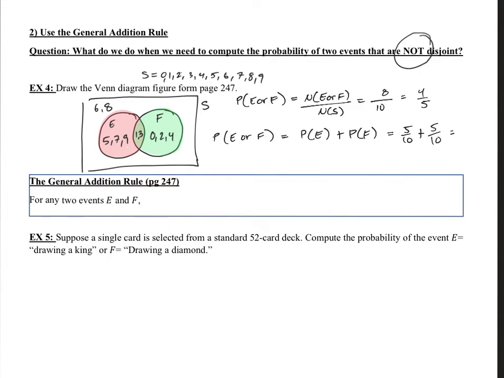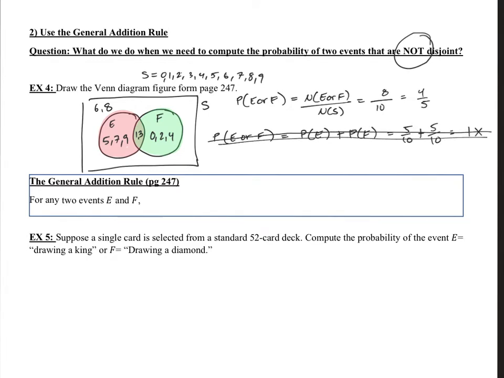And that would be 1, which is incorrect. Because we accidentally double counted the 1 and the 3. So the probability addition rule for disjoint events does not work when the events are not disjoint.